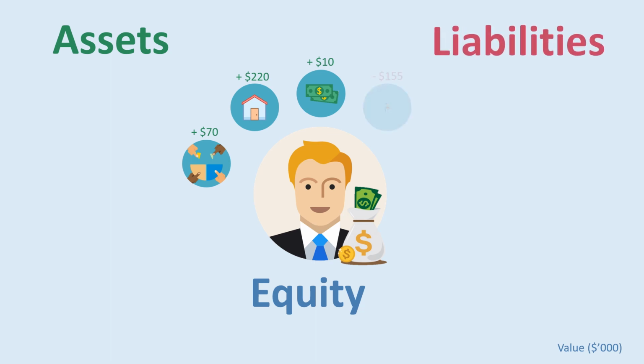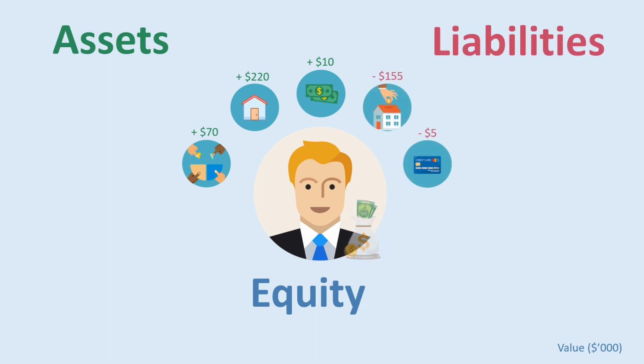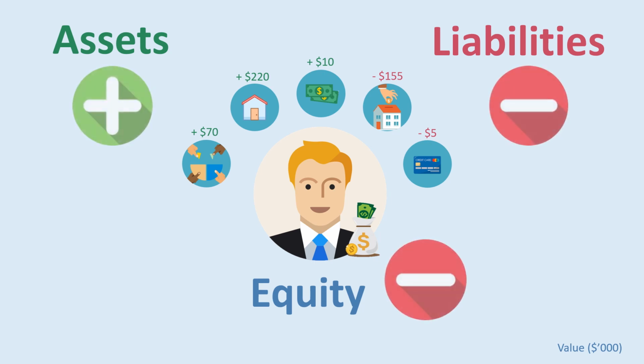On the other hand, high liabilities decrease your equity. So in summary, we prefer to have bigger equity and small liabilities, although for accounting, both equity and liabilities are presented with minus signs as they represent money owed to somebody.